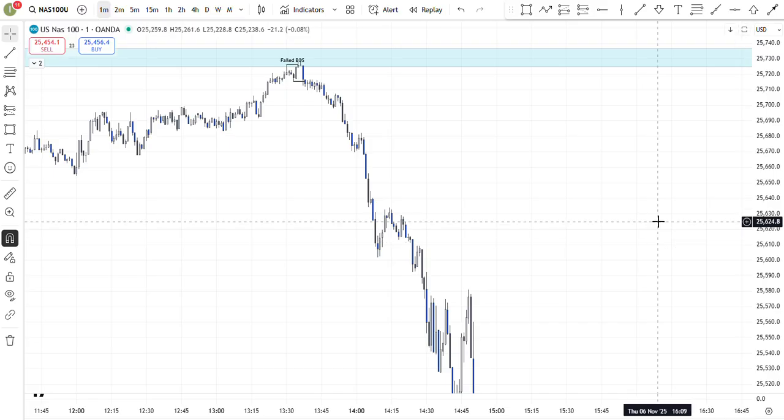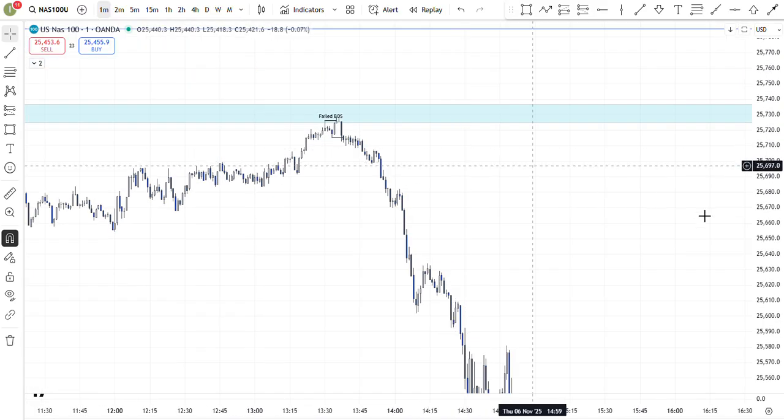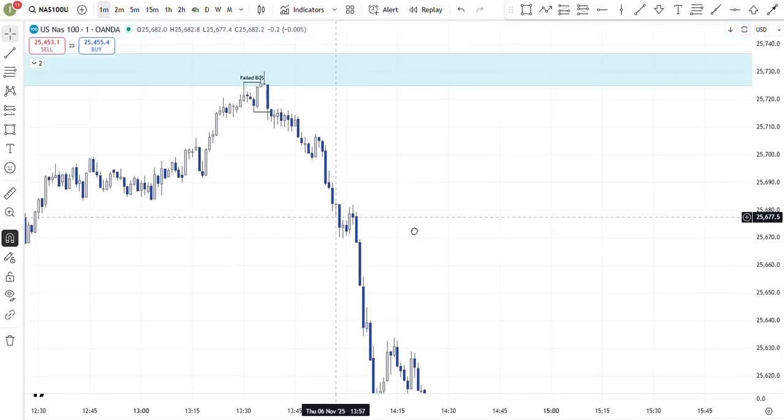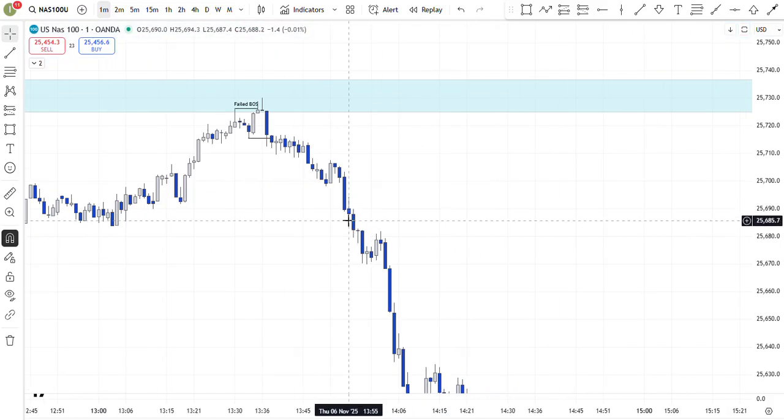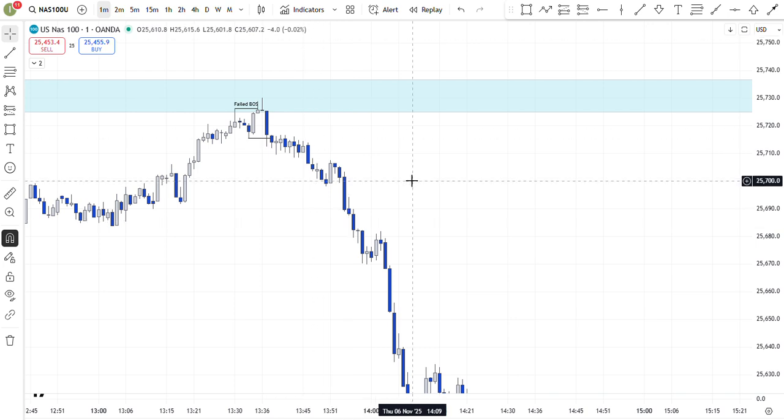And I use the 1 minute and the 5 minute to measure how I'm going to hold this trade. So I want to see breaks of structure and not see changes of character the whole way down. So that's giving me confidence that the market is continuing in the direction. I'm not looking at trend lines because trend lines get messed up and tricky all the time and pullbacks happen.